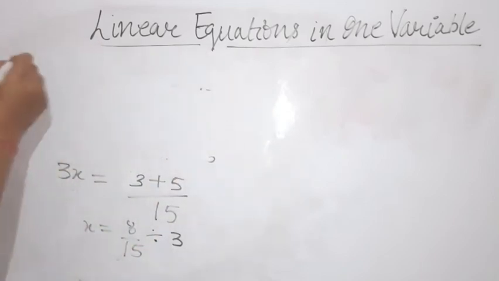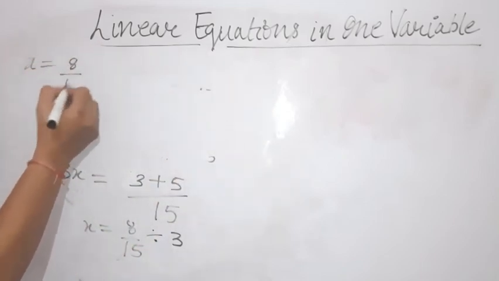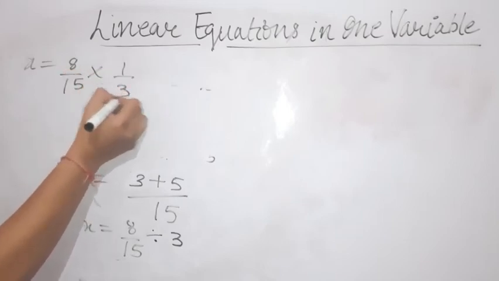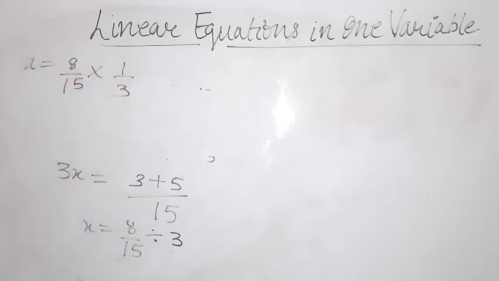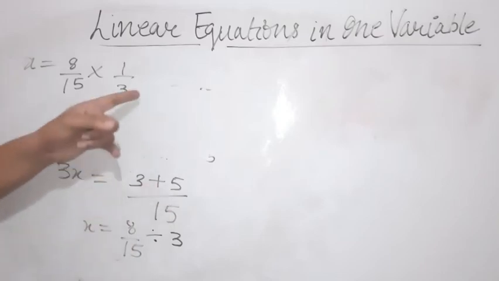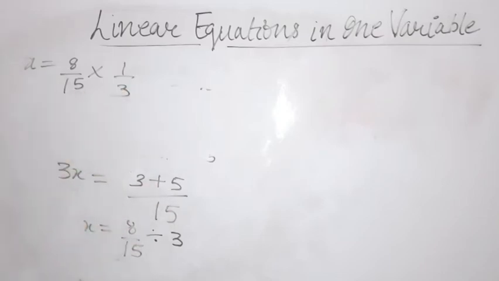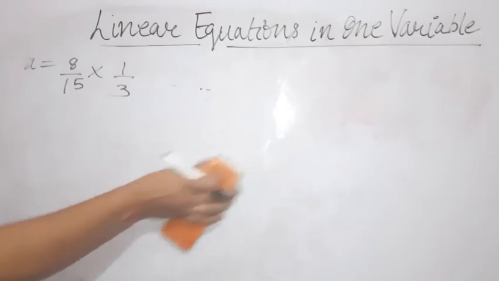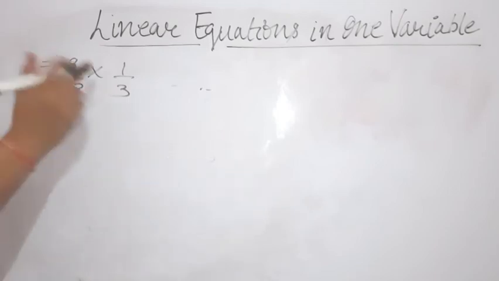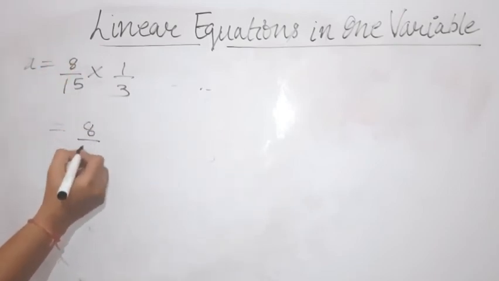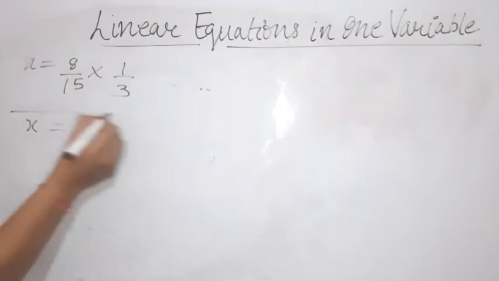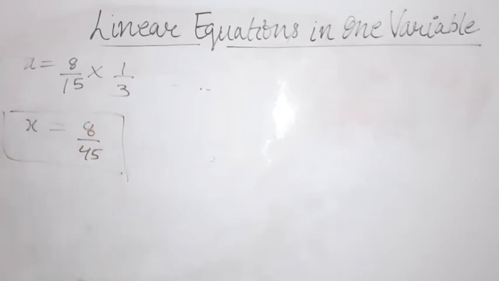Now x is equal to 8 upon 15 multiplied by 1 upon 3. See, I have taken the reciprocal of 3, which is 1 upon 3, and multiplied it with the first rational number. Now 8 ones are 8 and 15 threes are 45. It cannot be simplified. So the value of x is 8 upon 45.